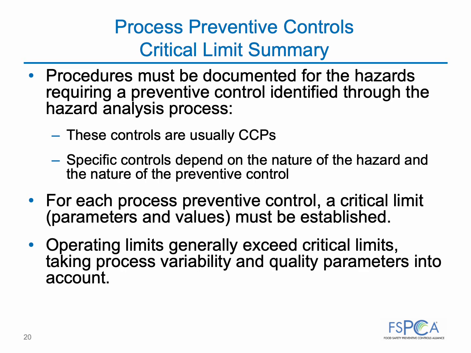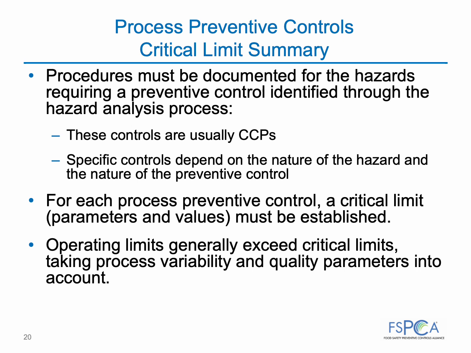Critical limits, i.e., a maximum and/or minimum value to which a process effectively controls a food safety hazard to an acceptable level, must be determined for each process preventive control, e.g., CCPs, that has been identified in the hazard analysis.